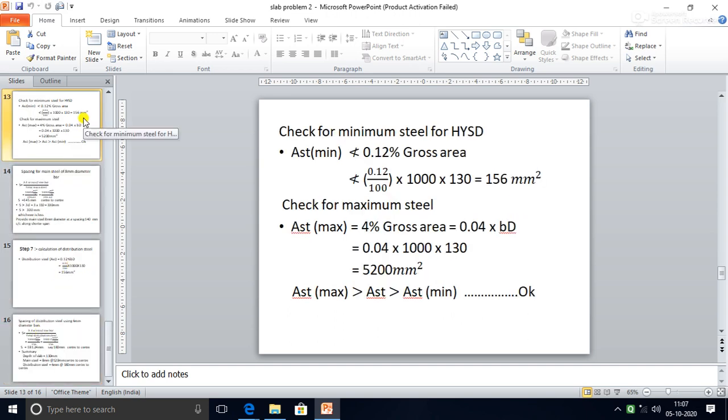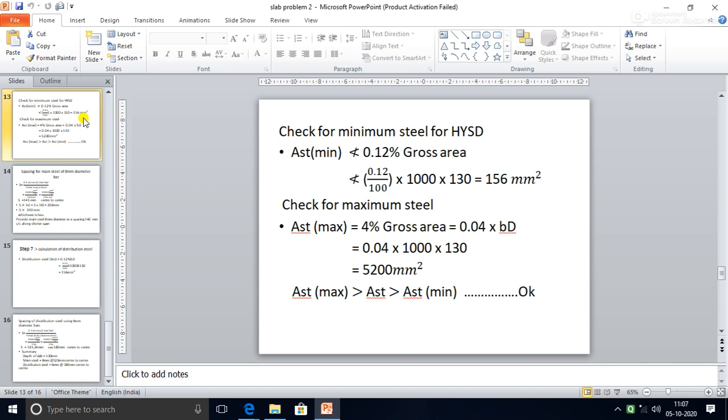Then check for minimum steel for high yield strength bars. Ast minimum is given by the IS code: it should not be less than 0.12% of gross area, that is 0.12% of b into capital D, where b width is 1000 and overall depth is 130, that is 156 mm square is the minimum steel requirement.